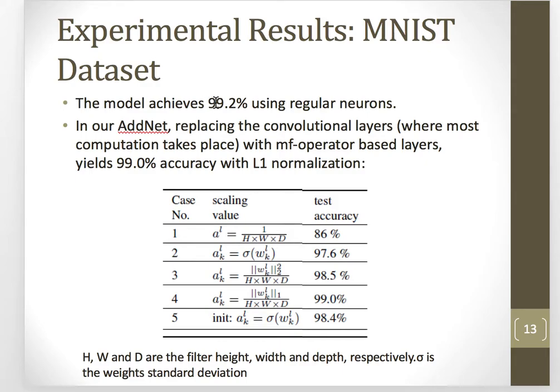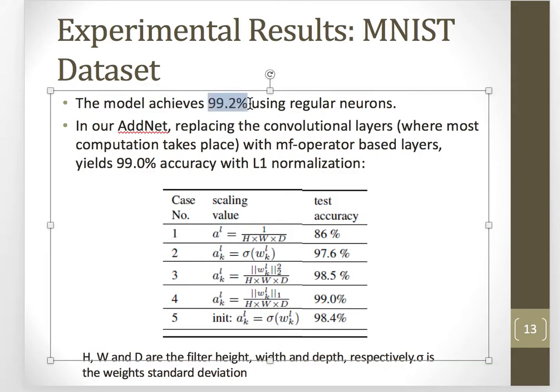If you use the ordinary regular neurons, you get a recognition rate of 99.2%. In AddNET, we get 99% recognition accuracy with L1 normalization. The scaling factor is basically computed from the weights. We have this normalization factor, the absolute sum of the weights divided by the filter height, width, and depth.